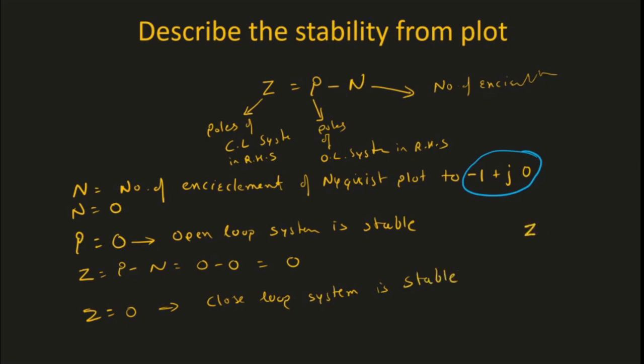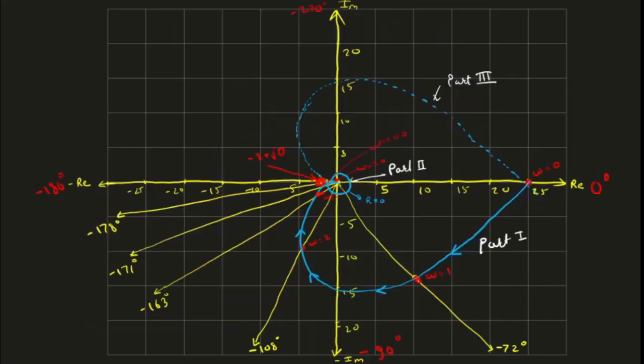So if by calculation or by graph z becomes 1 or 2, then there is one pole on the right hand side of the closed loop system, and we know if there is any pole on the right hand side of the closed loop system, the system will become unstable. So in this particular case, z is 0. That means there is no pole on the right hand side of the closed loop system, and hence the closed loop system is stable. So this is how we draw a Nyquist plot for a type 0 system.